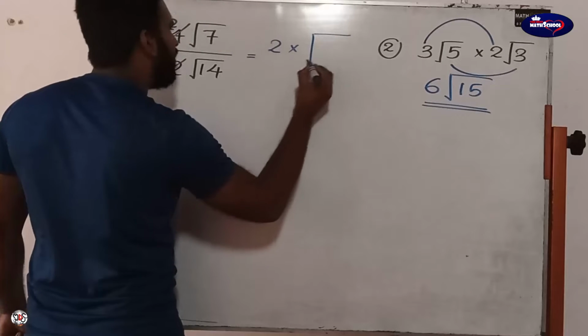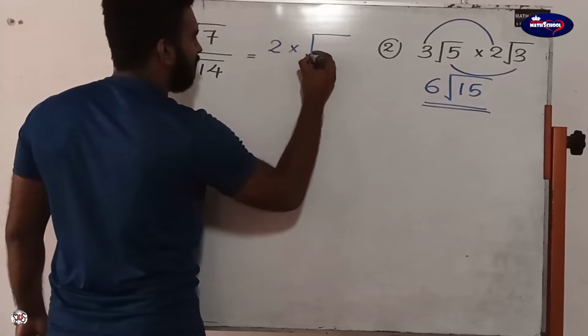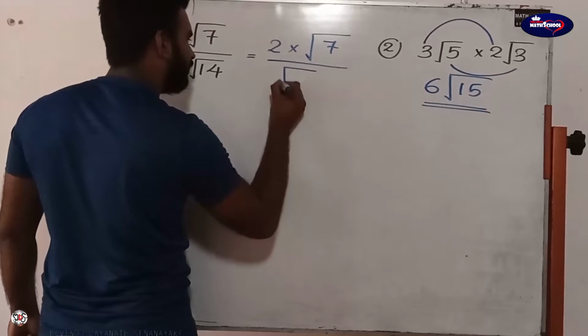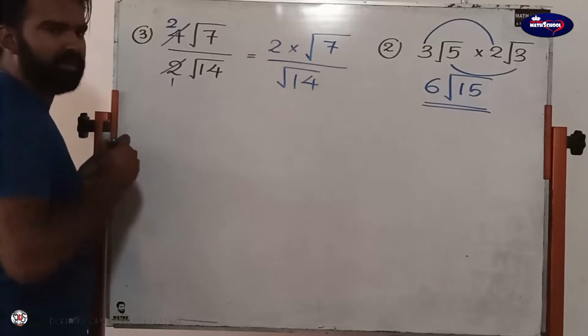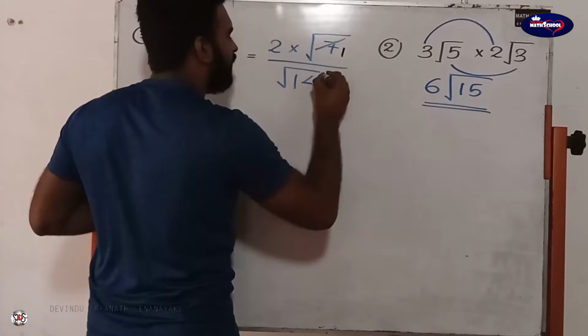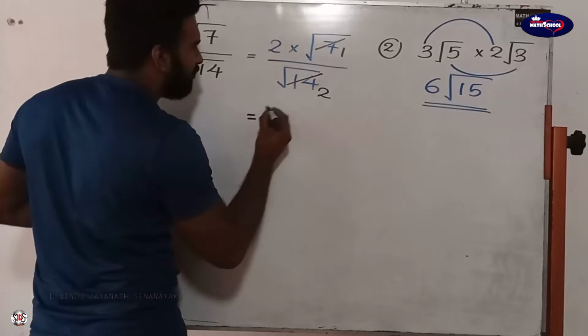Inside the square root, in the upper part you have 7 and the lower part you have 14. So separately divide these two. You can cancel like this: 7 divided by 7 is 1, 14 divided by 7 is 2. So the answer will come.